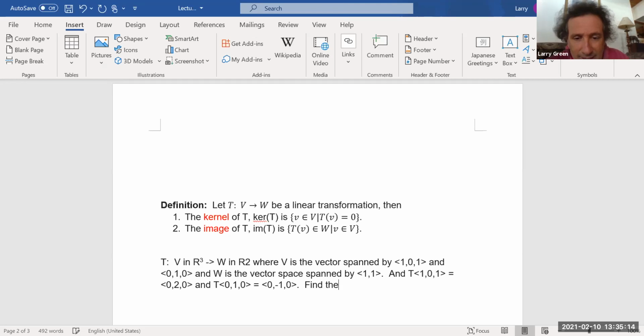Find the kernel and the image of T. Any questions on the question? Okay. So notice that T is a linear transformation, but we're doing the subspace V and the subspace W that it goes from and to. All right, let's do kernel.